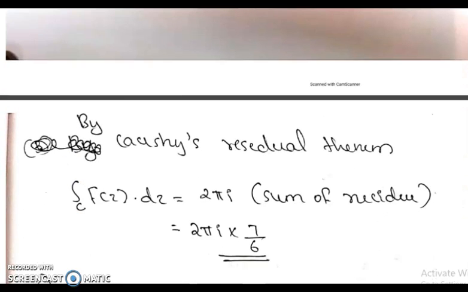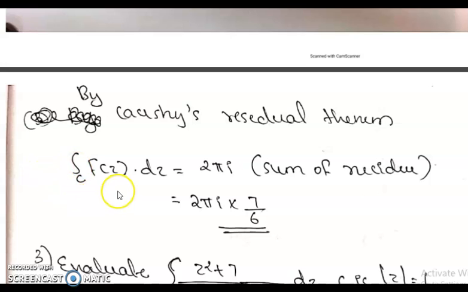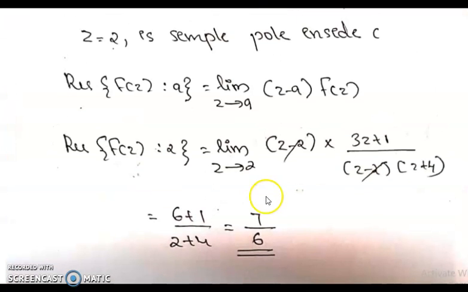Therefore by Cauchy residue theorem, our answer, the integral over C f of z dz, is 2 pi i into sum of residues, 2 pi i into 7 by 6, because only 7 by 6 we take.